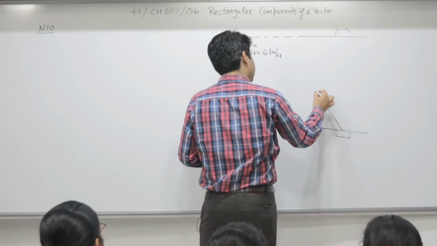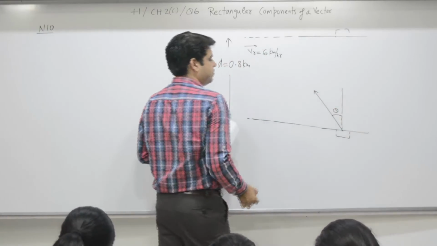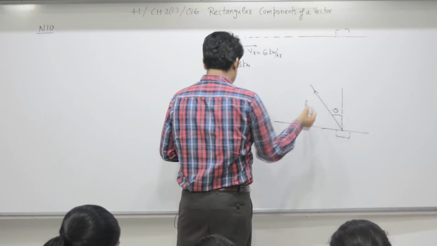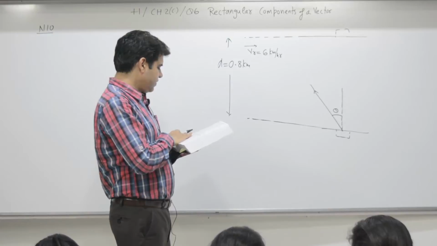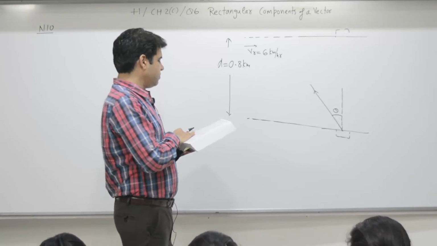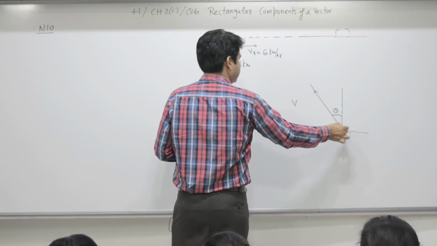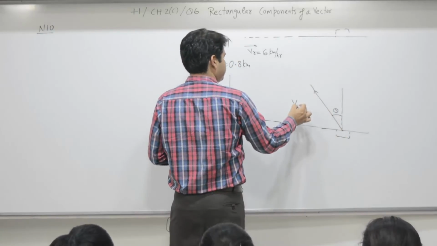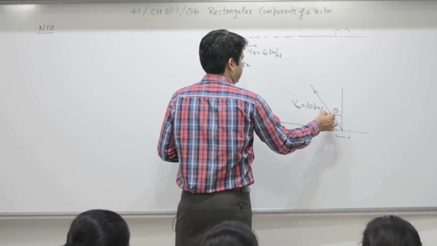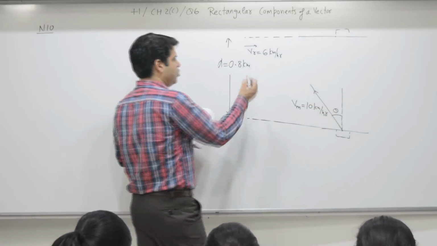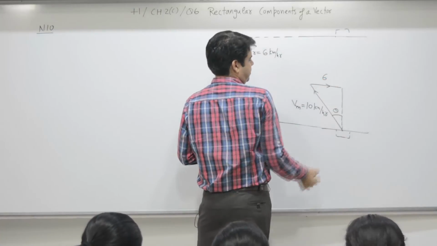That means you will have to move at certain angle with the vertical. Let this angle be theta. Boat or a person makes no difference. The person can swim at what speed? 10. So the person tries to move along this with velocity 10 km per hour, and the river will take him to the right by 6 km per hour.